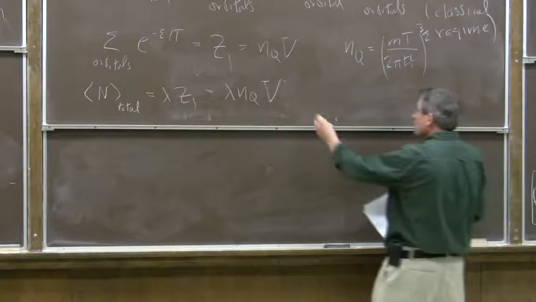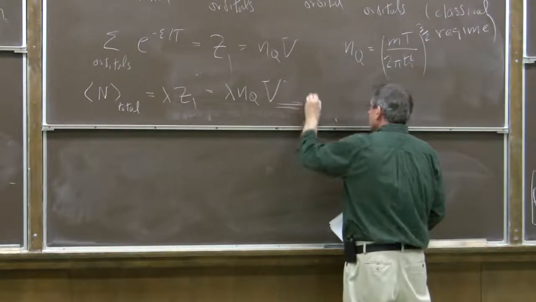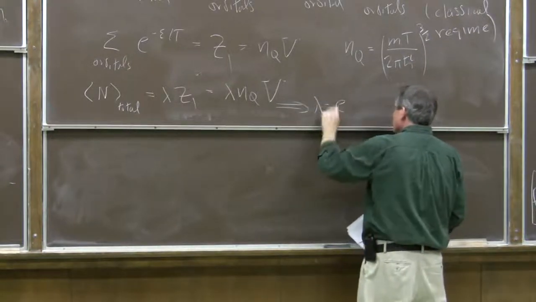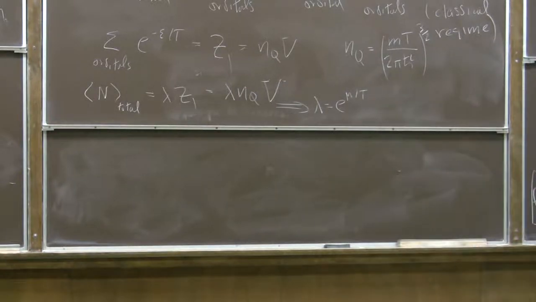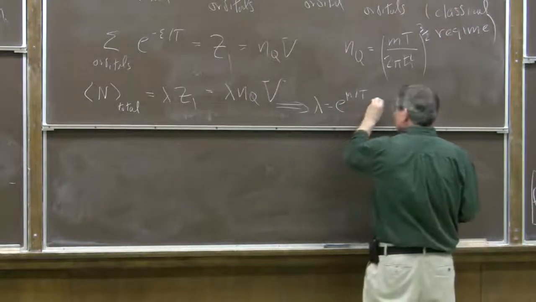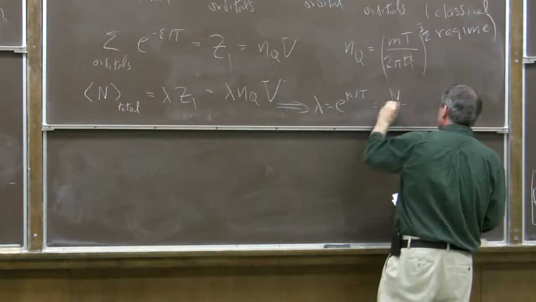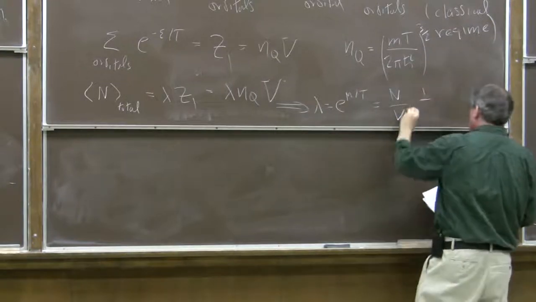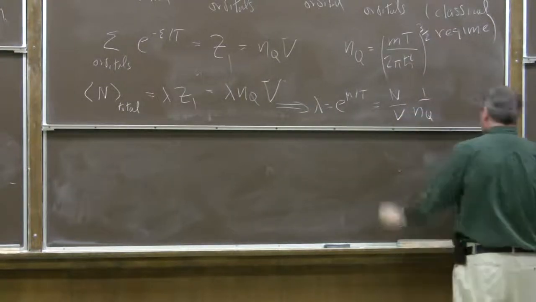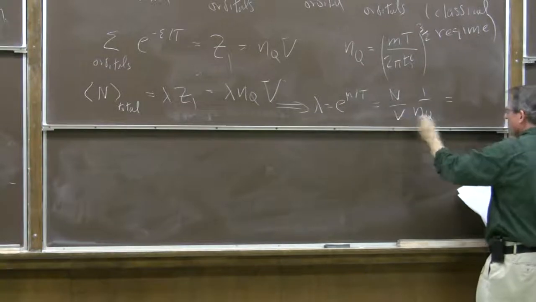And so you can think of this as a formula for the activity. The activity, which means e to the mu over tau, where mu is the chemical potential, is the number of particles divided by the volume times 1 over the quantum concentration. The concentration is number of particles divided by the volume.